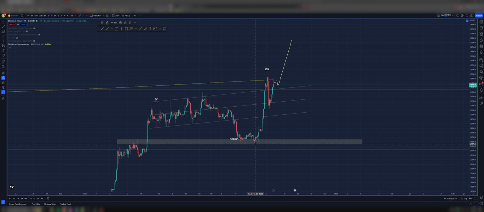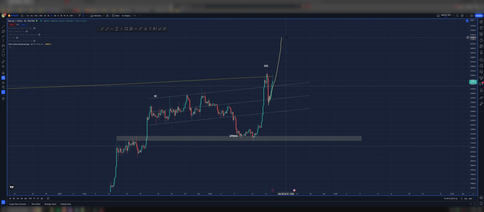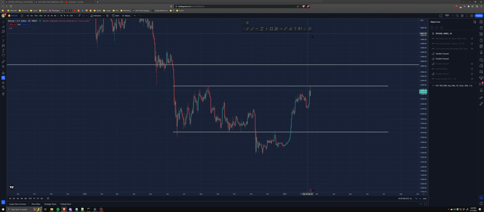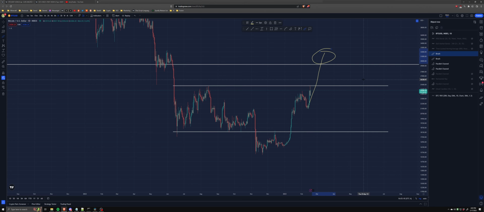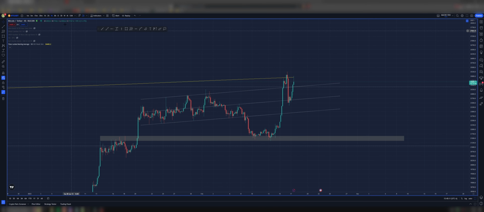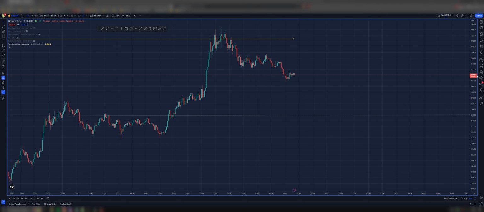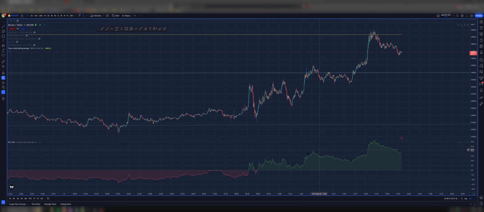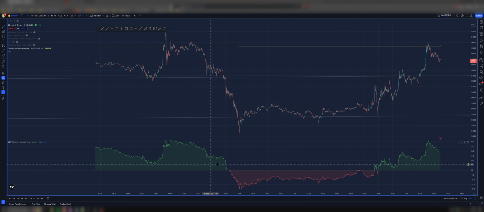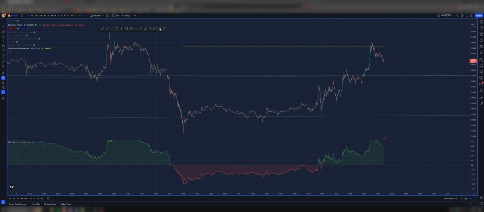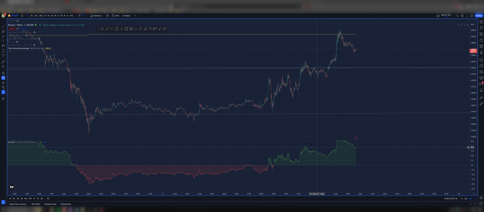So I'm hoping if this is valid, then this should be the impulse that brings us to 30K, right? Because if you look at just a simple measured move from here to here, that takes you to a minimum of 27K, okay? Another thing is if you look at the daily chart and you take a measured move from here to here, this brings you to 31K. Another reason why I think we are going to go to 30K is because if you look at the volume, the VDO is looking nice and green, okay? We were in the red, but when you have these breakouts where you hold above in the green, that is very bullish.